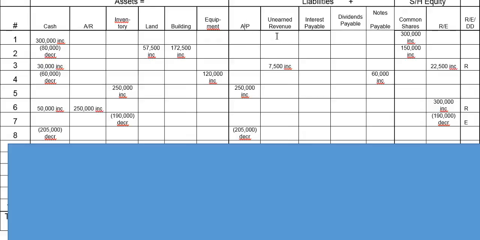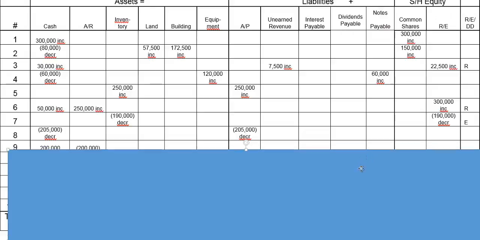So that means our accounts payable is going down. When accounts payable decreases, liabilities decrease. When cash decreases, assets decrease. So you can see the left-hand side of this equation, the assets, goes down by $205,000, and so do the liabilities. So it means that the accounting equation is in balance.